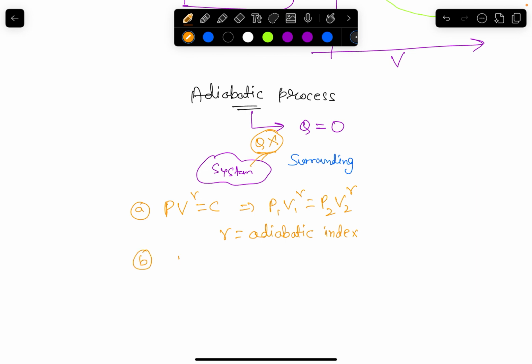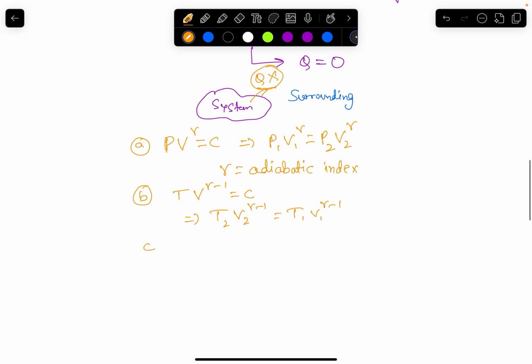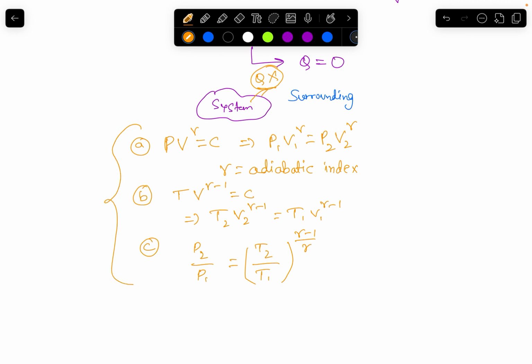The second one is TV to the power gamma minus 1 equal to constant, that is T2V2 to the power gamma minus 1 equal to T1V1 to the power gamma minus 1. And the third is T2 by T1 equal to P2 by P1 to the power gamma minus 1 by gamma. So these three equations are used in the adiabatic process for an ideal gas.